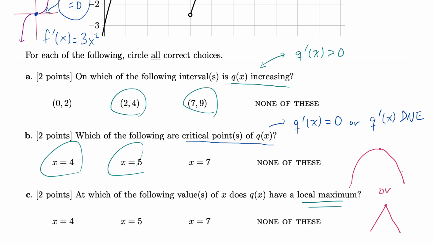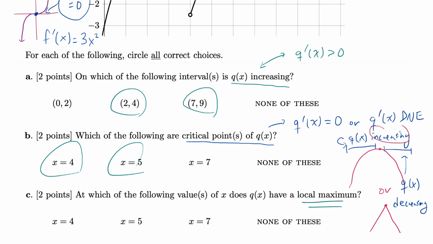But what really characterizes a local maximum is that when I look at the values to the left of it, q of x is increasing here, and when I look at all x to the right of it, q of x is decreasing. And we see the same thing even when it's a sharp turn. q of x is increasing from here to here, then it's decreasing from here to here. So you can find the local maximum where q of x goes from increasing to decreasing at that point.